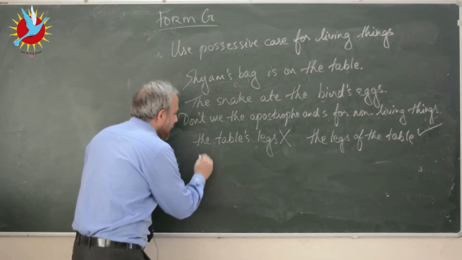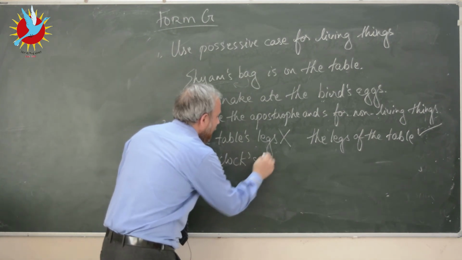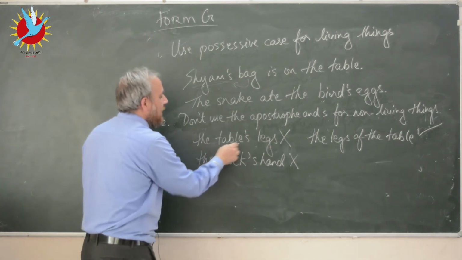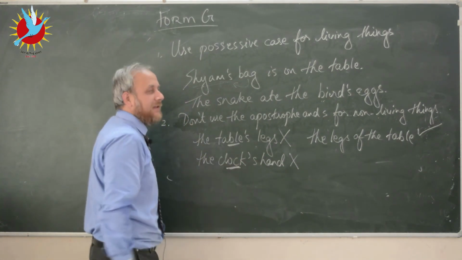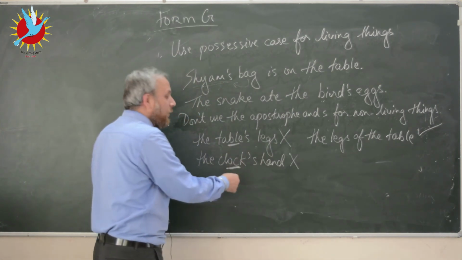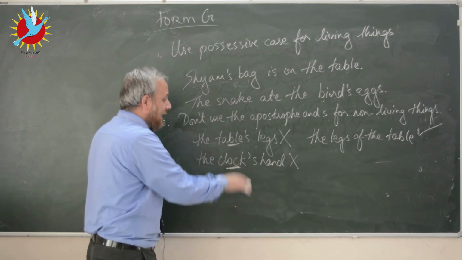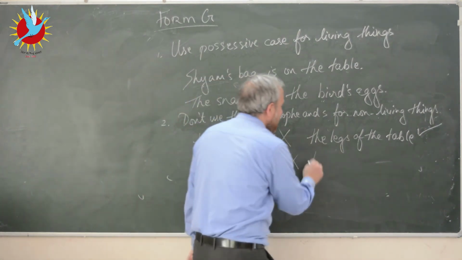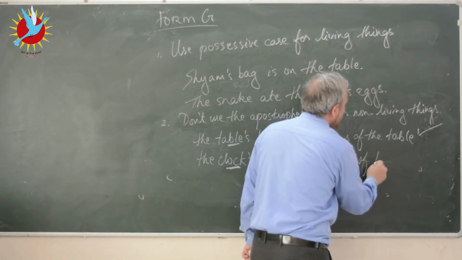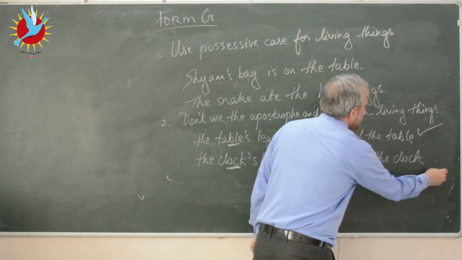Okay, or let's say the clock's hand. This is wrong. Why? Table is a non-living thing, clock too is a non-living thing. So how will you write this? Instead of writing it this way, which is grammatically wrong, you write the hand of the clock.